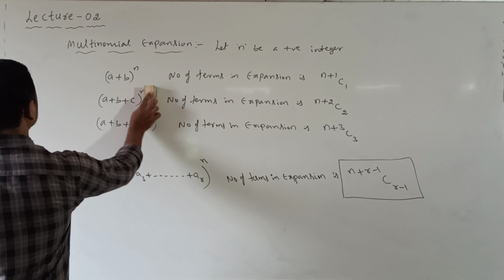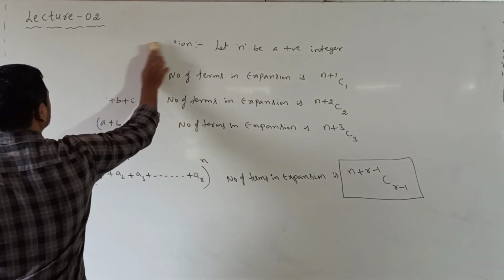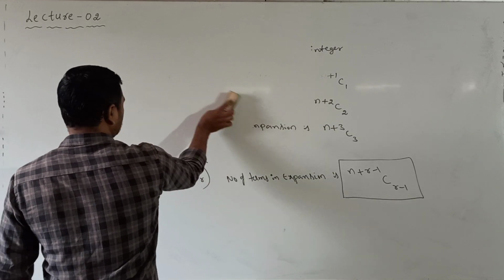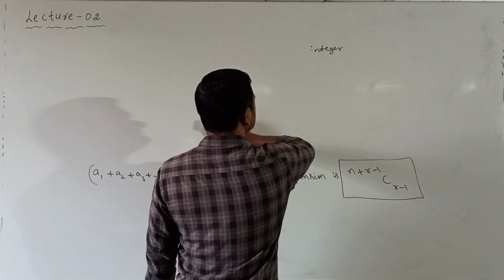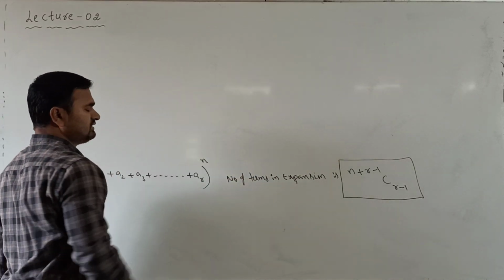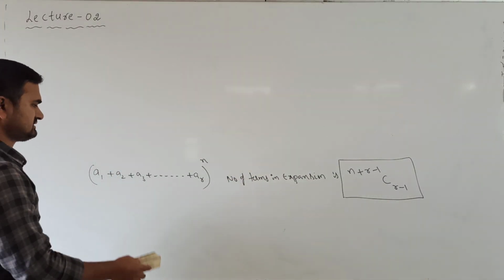Next, in a multinomial, we don't expand all the terms here. So we write the general term in the multinomial expansion. By using the general term, we can find any term that is required.